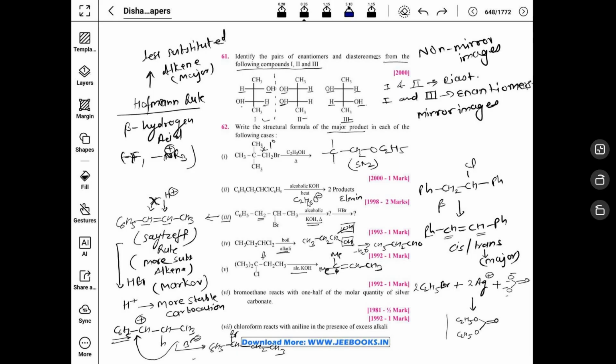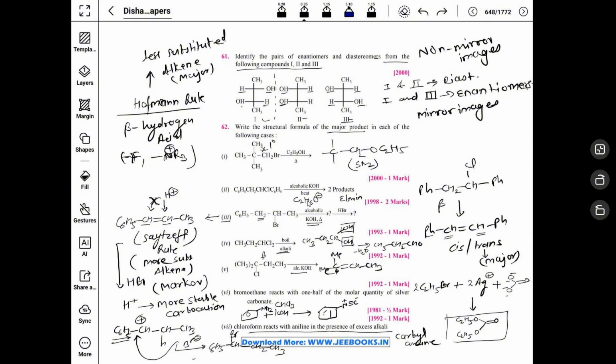This will be the product. Now chloroform reacts with aniline in presence of alkali. This is the carbylamine reaction, and we know that in this reaction an isocyanide will form. NH2 with KOH plus CHCl3 will give you a bad smelling compound, which is the isocyanide.